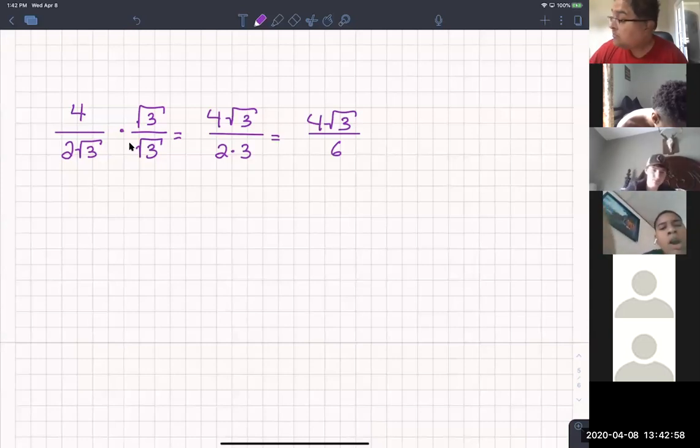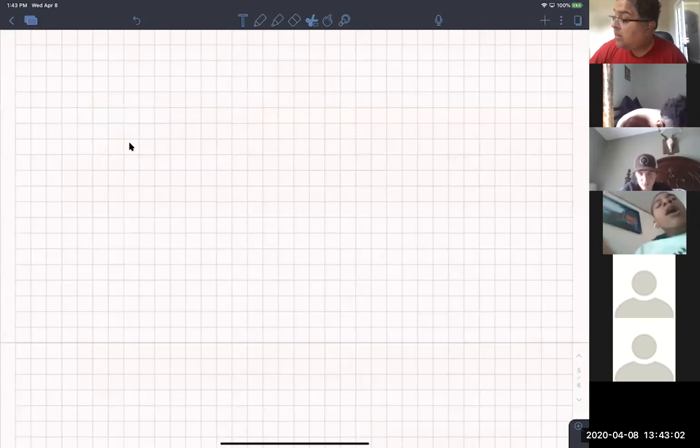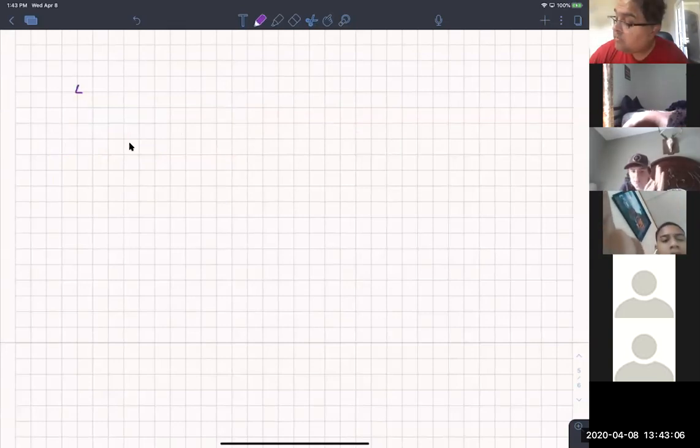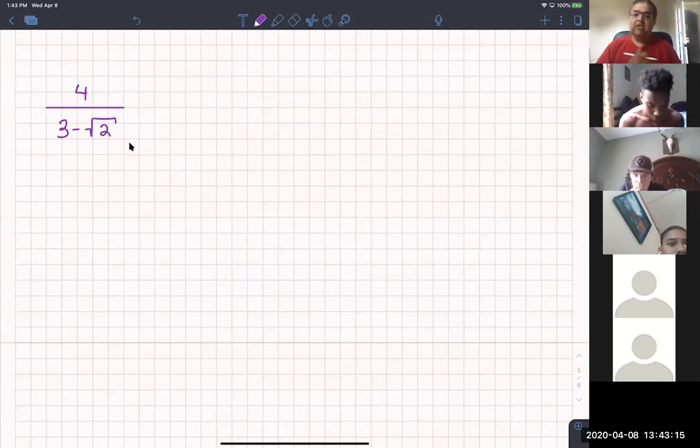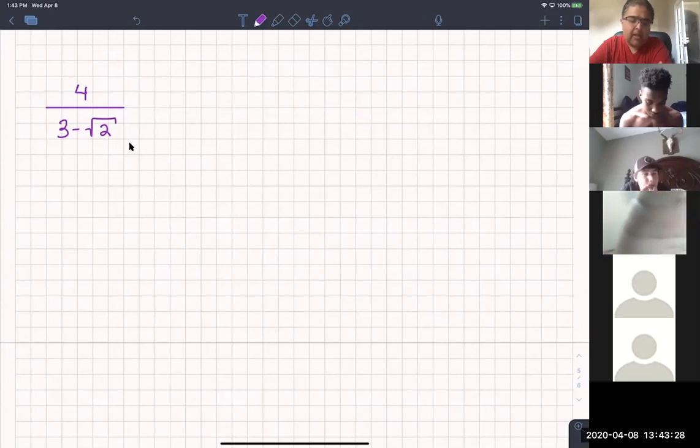Now, what if I had something like this? I still have a radical in the denominator. You're going to multiply by its conjugate. It's not enough for me to multiply by just the radical now because I have two numbers in the denominator, not just one.